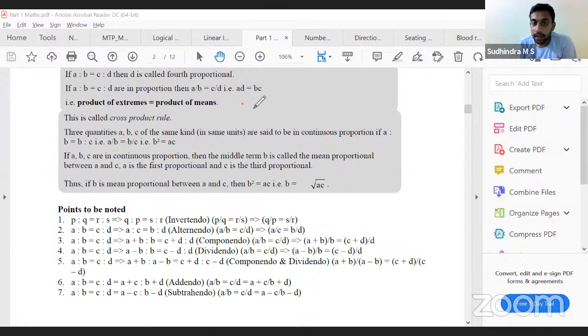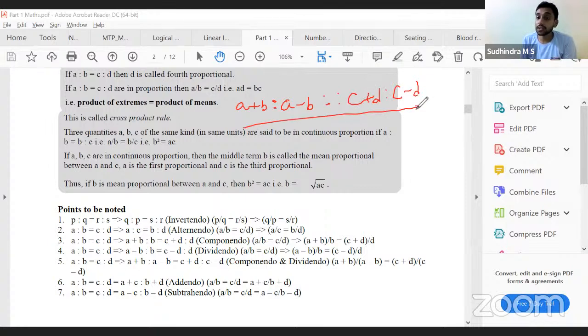A plus B. The second term would be its dividendo, A minus B. The second ratio is C is to D. Its componendo is C plus D, and its dividendo is C minus D. That's all. So this is componendo and dividendo. If it is just componendo, the second term would be the original ratio's term itself, whereas in componendo and dividendo, the first term is componendo and the second term is dividendo.